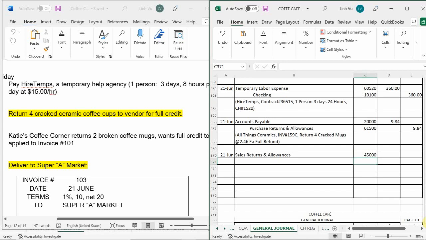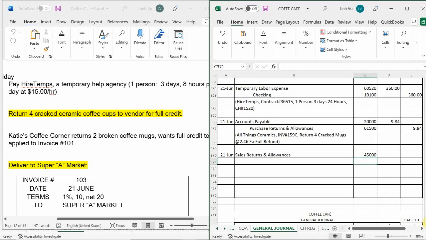Mm-hmm. So where did we put her invoice? Business account. Okay, what kind? Be more specific. What kind of business account? What account do we use to represent customers owing us money on an account?